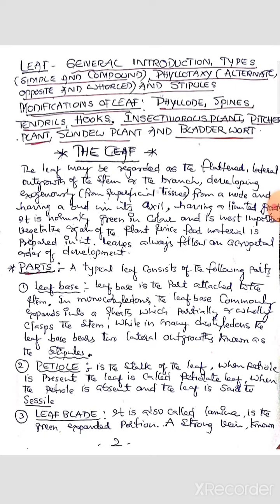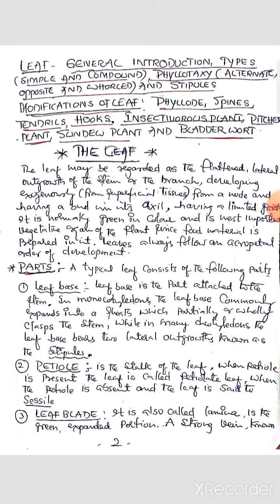In monocot plants, the leaf base commonly expands into a sheath which partially or wholly clasps the stem, while in many dicotyledons, the leaf base bears two lateral outgrowths known as stipules.